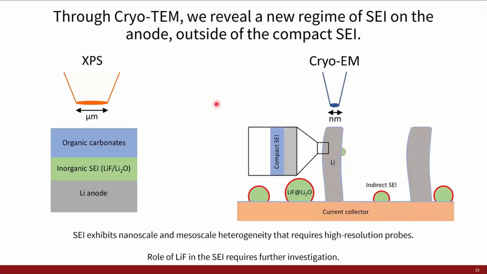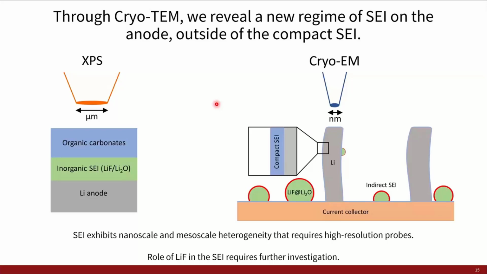And from this study, we can show the power of cryo-TEM and the shortcomings of standard SEI analysis techniques used in the field, such as XPS. The problem arises from the large spot size of XPS. Through standard surface analysis techniques, we can get this depth structure of the SEI, but that does not really match the in-plane nanoscale heterogeneity that we're seeing through high-resolution probe techniques such as cryo-TEM.